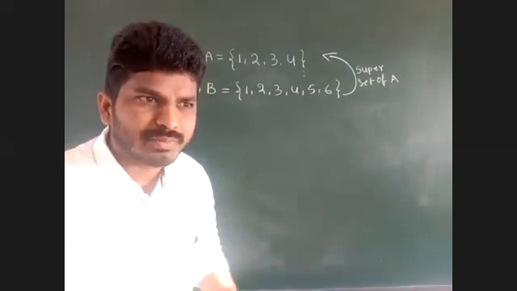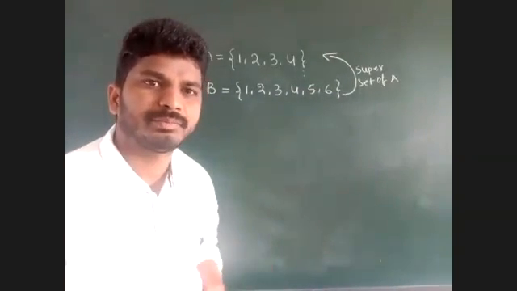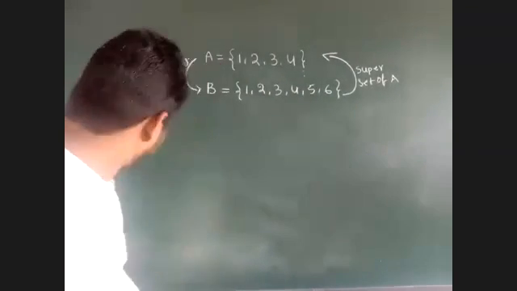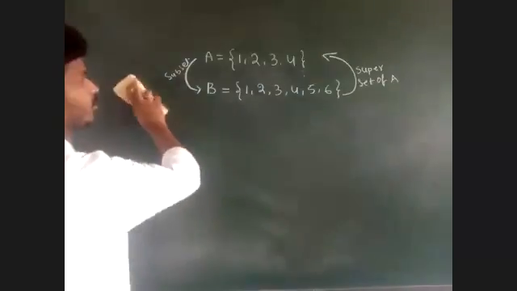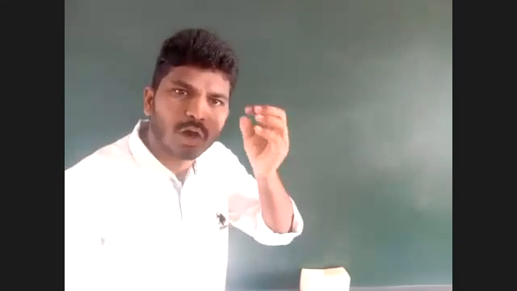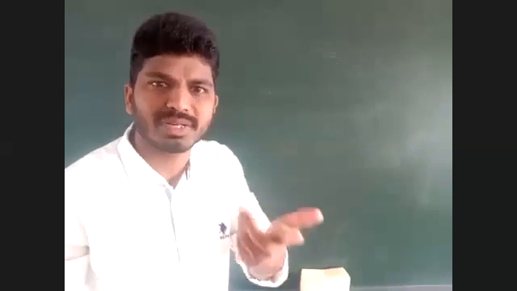Then tell me, what is meant by proper subset? The subsets other than itself of a set are called proper subsets. Other than itself, the remaining subsets are called proper subsets.